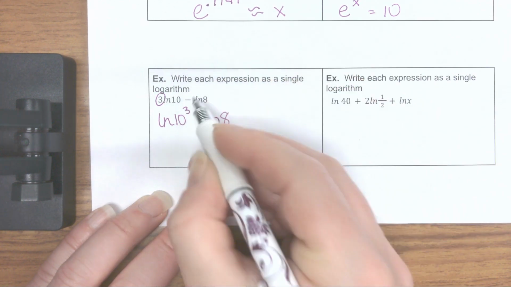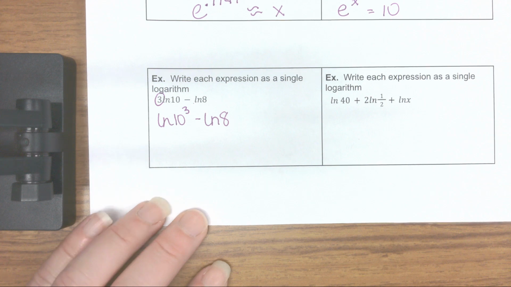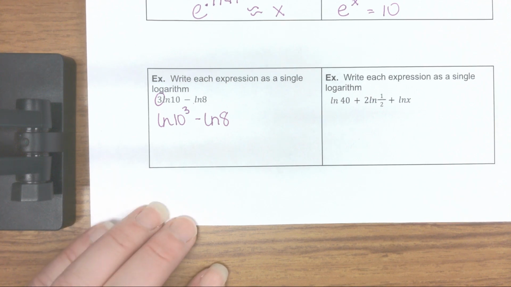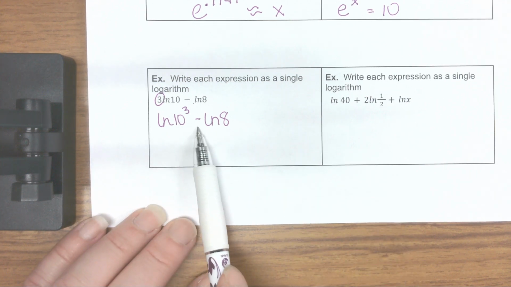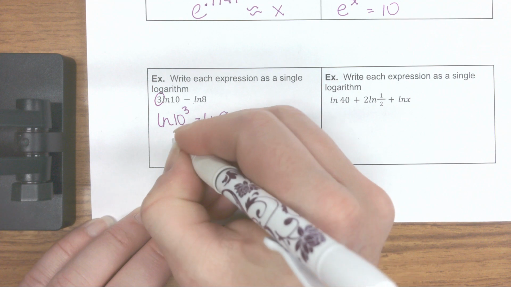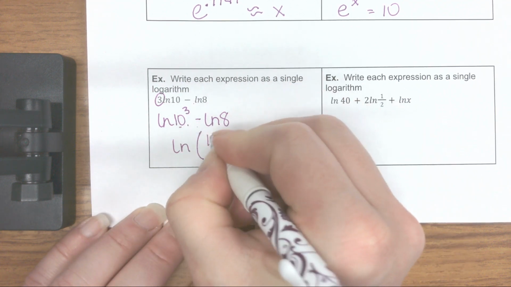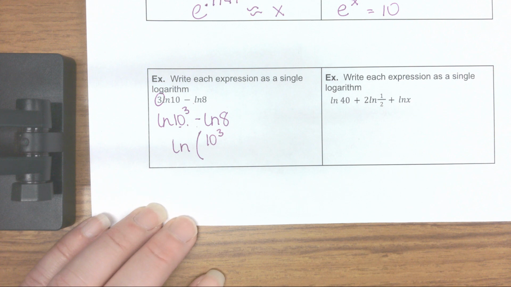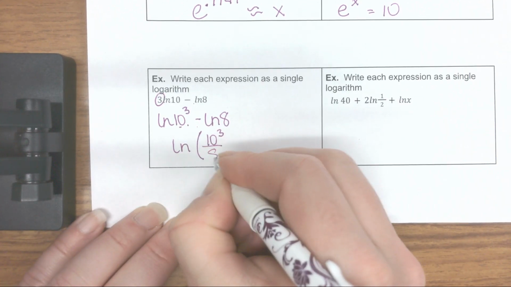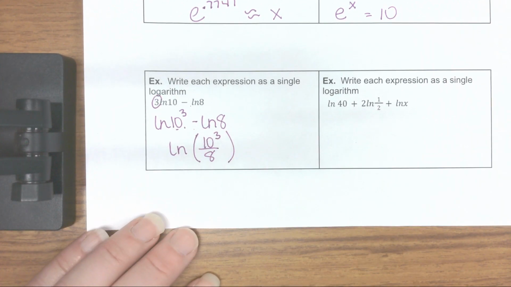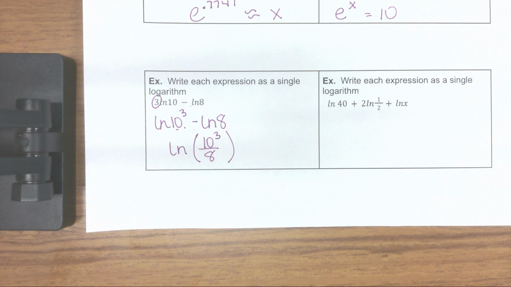There's no exponent there. All right. Our rule for condensing it as a single log would be to write this as division. So on the top is 10 cubed, or 1,000, divided by 8. Okay. So we already took a quiz on this when we were doing this with other bases, but today we're just doing it with the natural log.